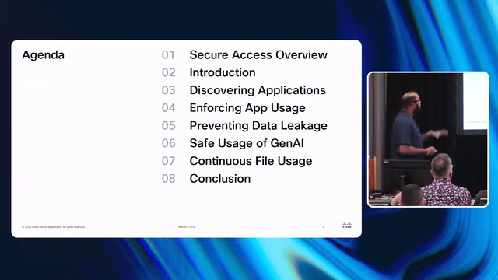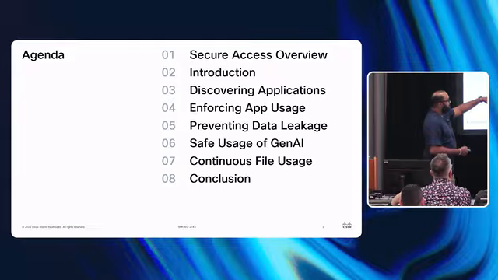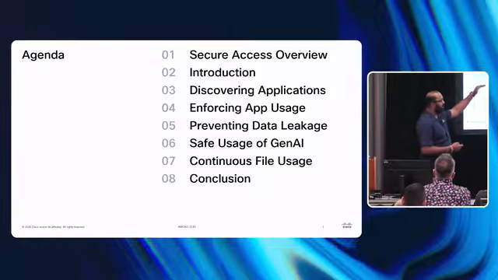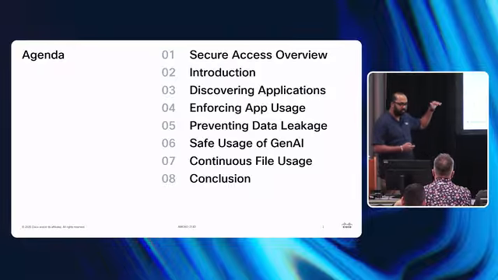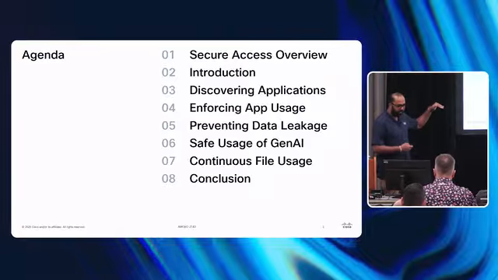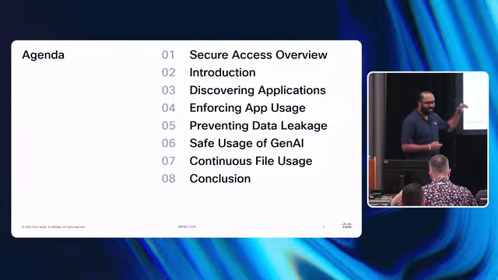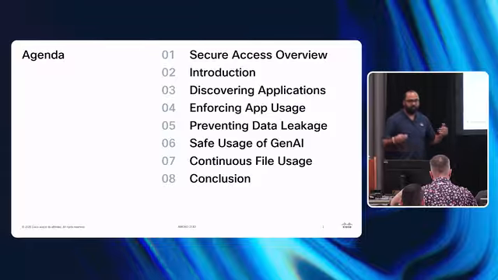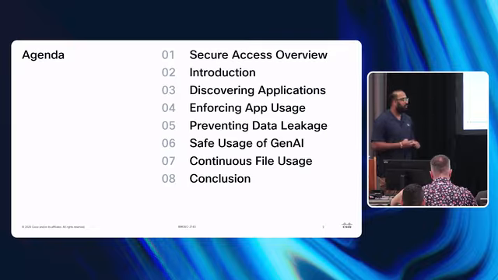All right? So this is the general agenda for what we're going to be talking about today, starting with a general overview of secure access and then getting into the specific use cases around discovering applications, how to enforce application usage, how to prevent data leakage, and then talking about some of the other emerging technologies that we've embedded into secure access, specifically around generative AI, which has sort of blown up in the last few years in terms of companies trying to understand what to do with generative AI.